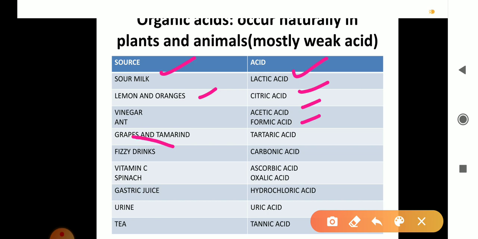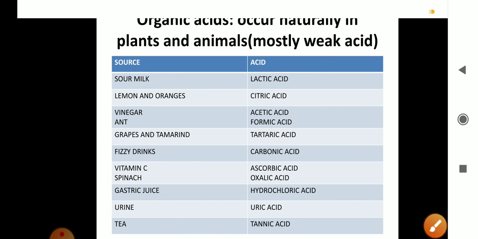Fizzy drinks, you know what's the meaning of fizzy drinks? फीजी ड्रिंक मतलब कुछ ऐसे ड्रिंक्स होते हैं ना जिनको आप खोलते हो, उसमें से बबल्स टाइप के बाहर निकल के आते हैं, they are called fizzy drinks. उसमें क्या होता है? कार्बोनिक एसिड. राइट. Vitamin C, ascorbic acid, spinach, oxalic acid, and gastric juice, hydrochloric acid, uric acid is present in the urine, and tannic acid I told you is present in the tea. Right. Then mostly these all are weak acids.